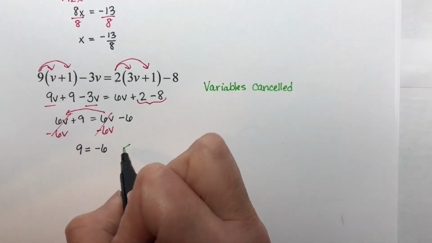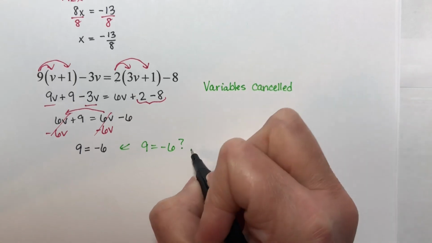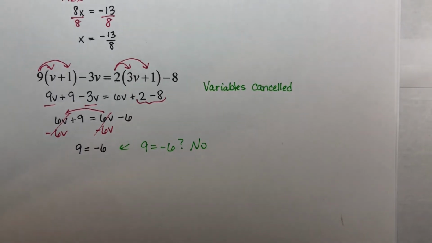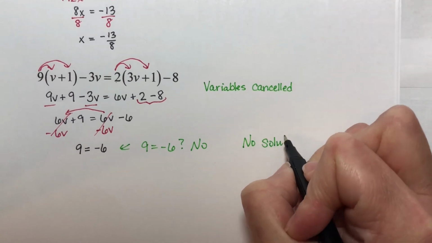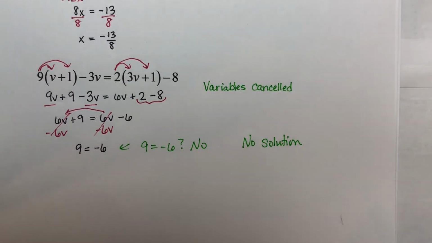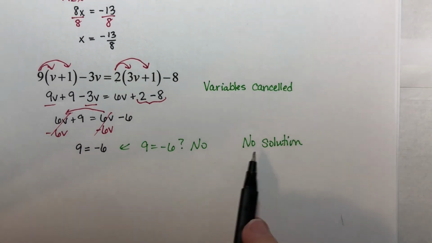But here, is 9 equal to negative 6? No, that's false. So that means there is no solution here. There is absolutely no value that we can plug in for v where this thing would work. It is impossible. No solution.